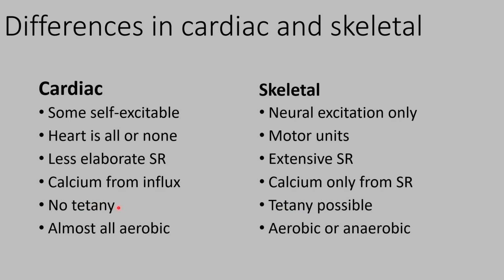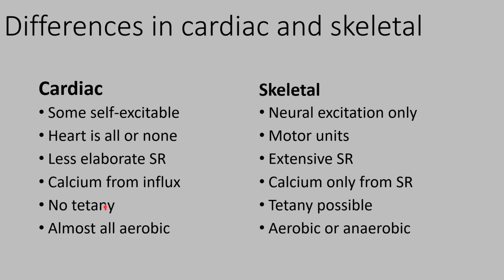Well, in cardiac muscle, that's not possible because cardiac muscle has a very long absolute refractory period. Remember, the absolute refractory period is the time between one action potential and the ability to respond to another action potential.